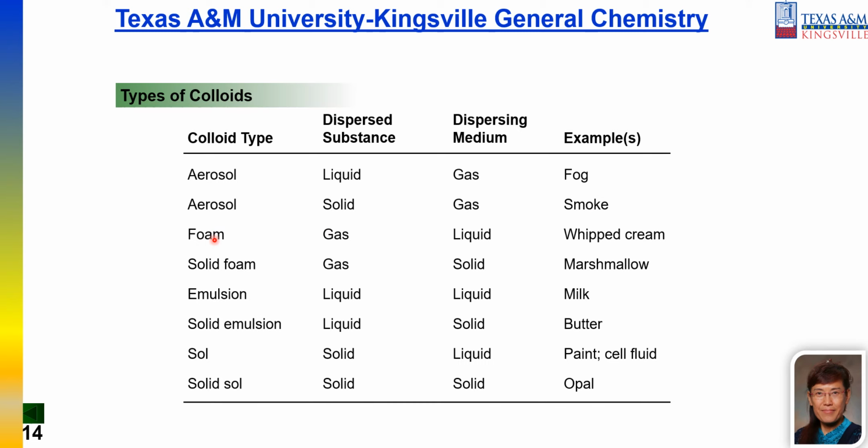And then you can have your foam, such as your gas dispersed in your liquid, such as that whipped cream. I believe in your birthday party, you write happy birthday with whipped cream, so you disperse gas into the liquid. Solid foam, you disperse gas in the solid, such as your marshmallow.